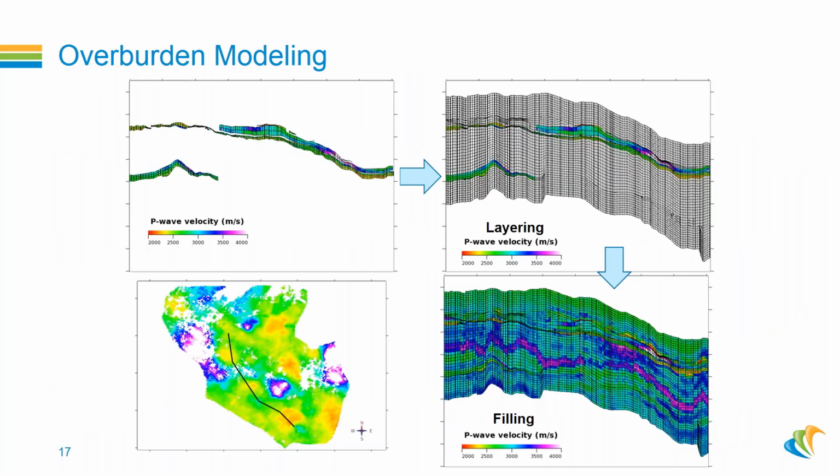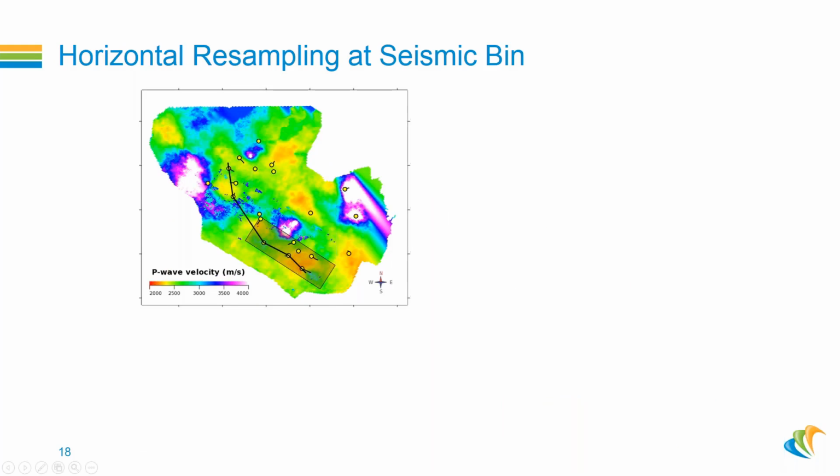To do that, we have this reservoir model in the reservoir grid. It is very limited vertically and could be laterally as well, but usually vertically we don't have overburden or underburden. So we need to generate that overburden layering, and we can fill it with, for example, P-wave velocity data coming from the elastic modeling or from the seismic velocities.